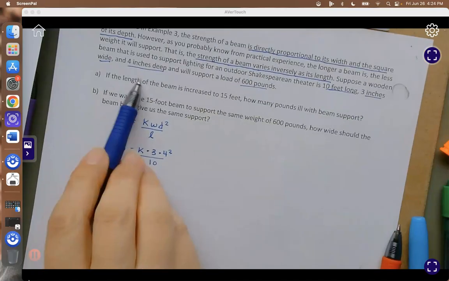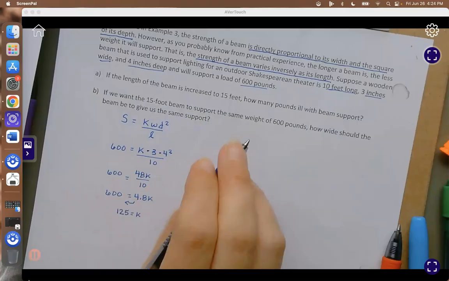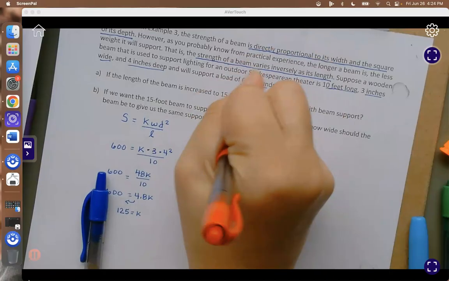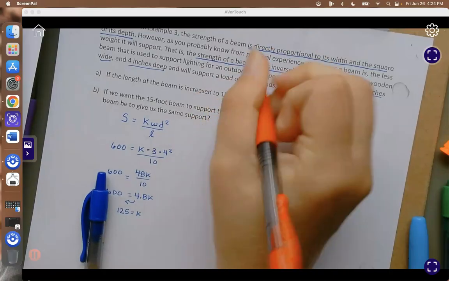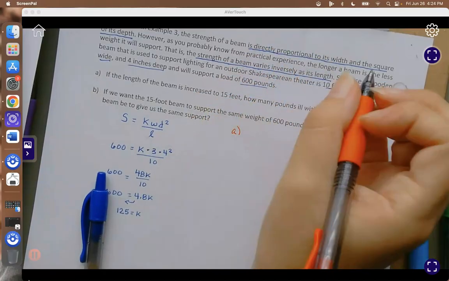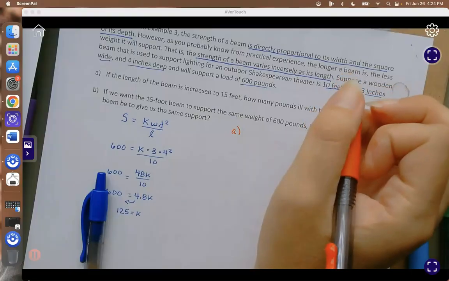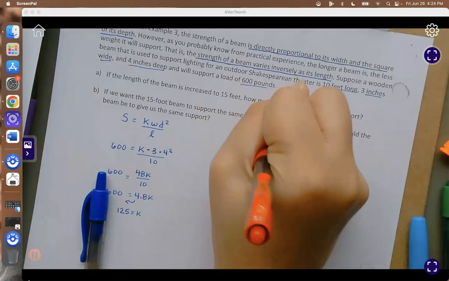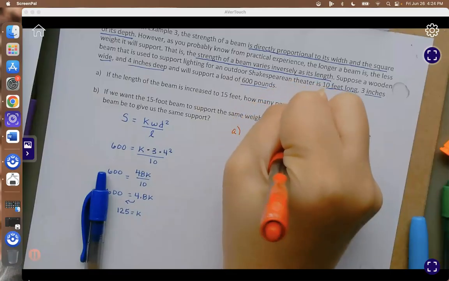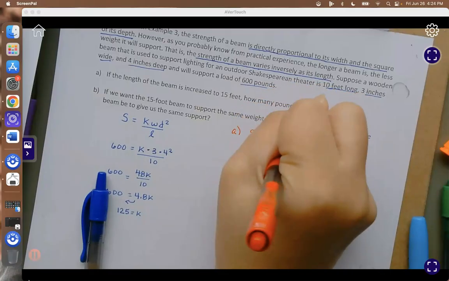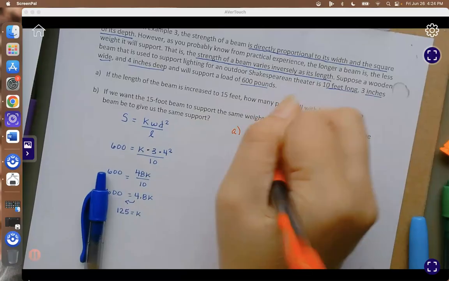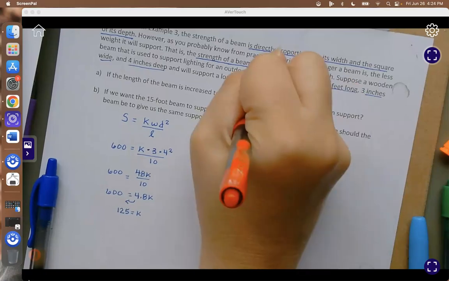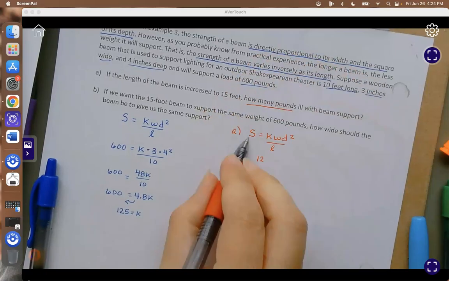If the length of the beam is increased to 15 feet, okay, so let's go right here and we'll do A. So the length is increased to 15. How many pounds will the beam support? So this is S equals KWD squared over L. So they want to know how many pounds, so that's our strength.